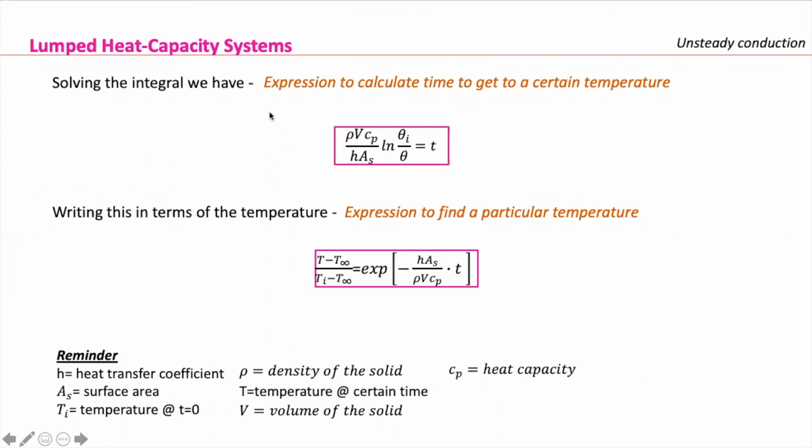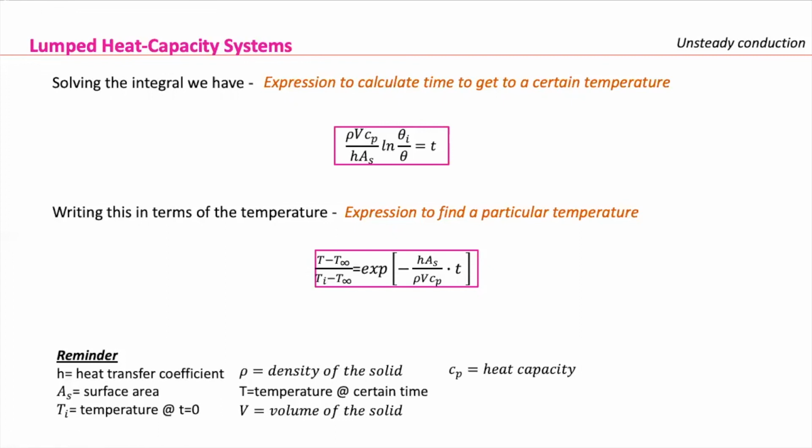The first one is the expression to calculate the time to get to a certain temperature if we are considering that our system is behaving as a lump heat capacity system. The second one is the expression to find a particular temperature after a certain time, again when we are considering our system as a lump heat capacity system. Here you have a reminder of what every variable means in those equations.